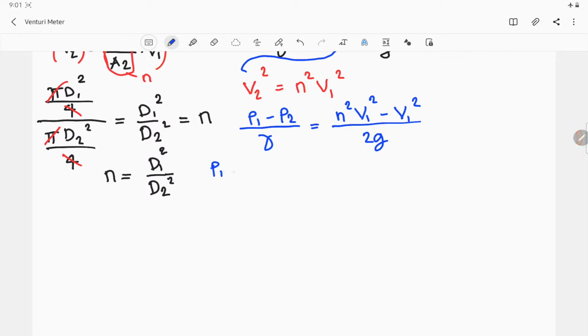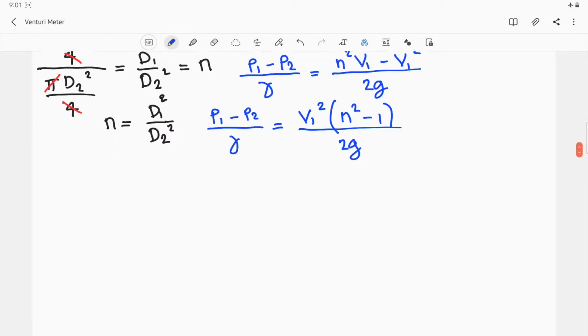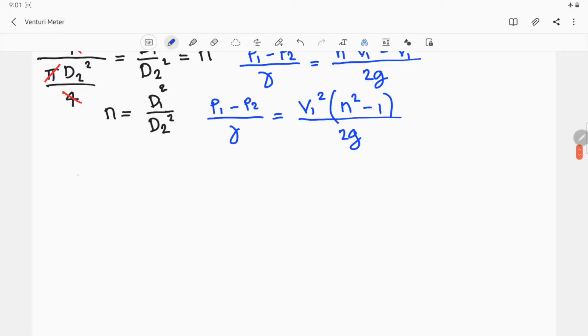So the equation will become P1 minus P2 over gamma equals V1 squared times N squared minus 1, over 2G. If we want to solve for the velocity at point 1, V1, we can just rearrange the equation.